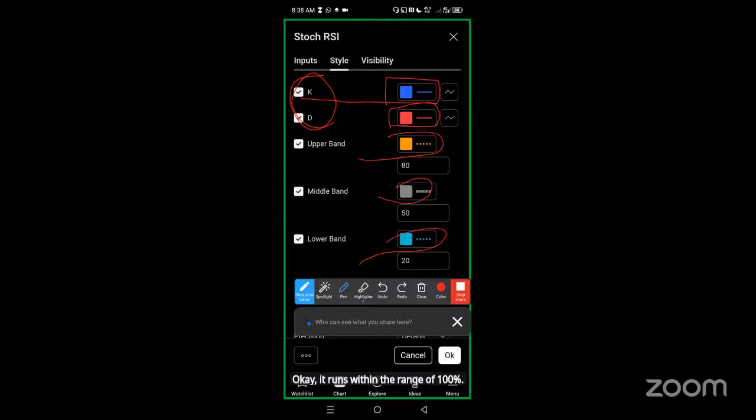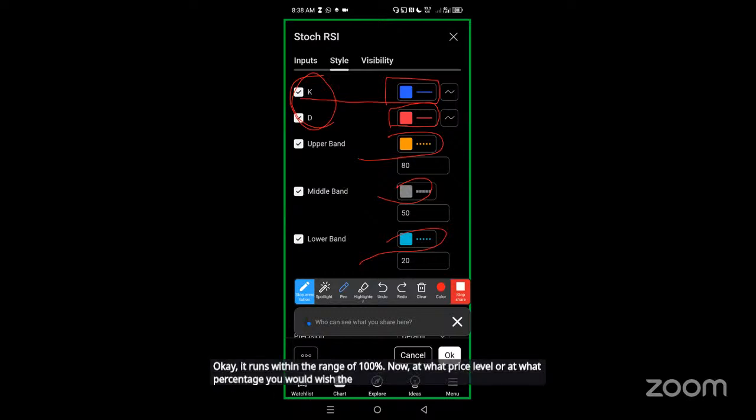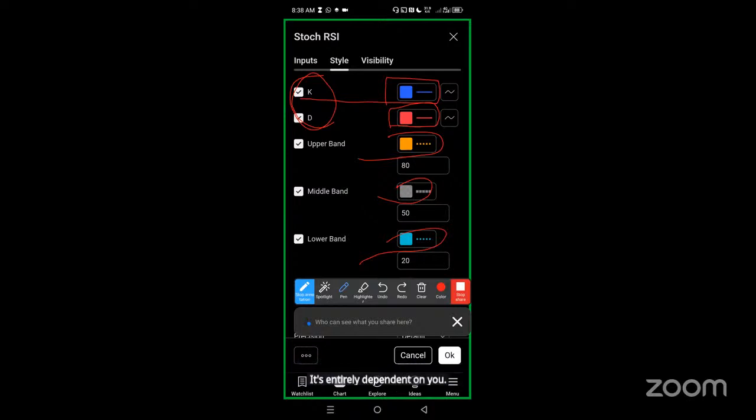At what price level or at what percentage you would wish the upper line and the lower line to be demarcated, to help you identify whether the market price is within the oversold or overbought region, is entirely dependent on you.